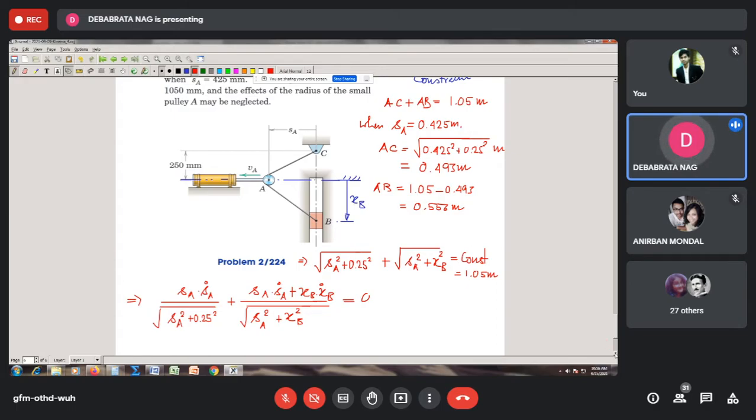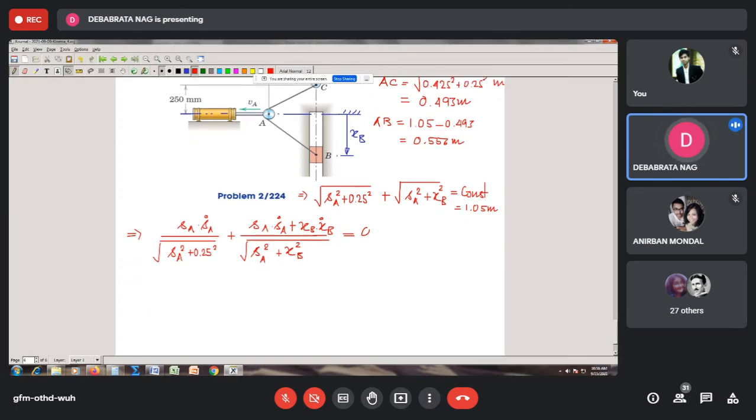So we see therefore our equation becomes something like this, and my objective is to find out the velocity of block B. So I can write from here that XB by root over SA square plus XB square, into X dot B, which is nothing but VB, turns out to be minus. You see here it will be minus, and minus of what?